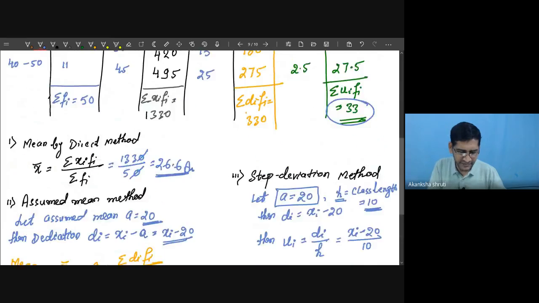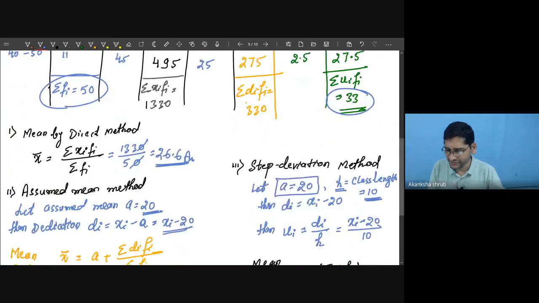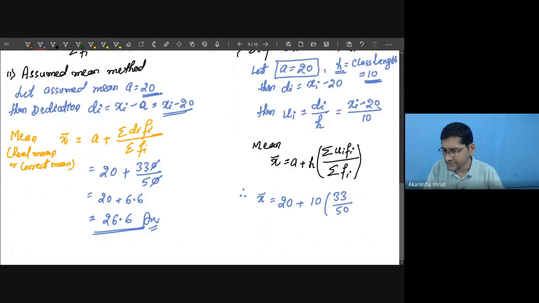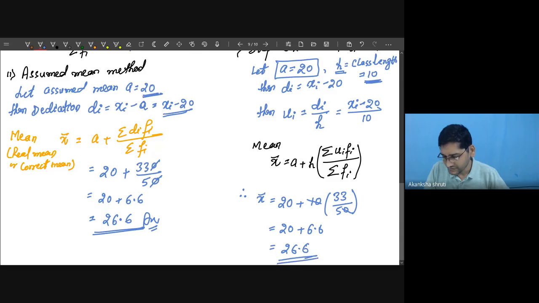This has to be divided by summation of fi, which is 50. So go for substituting 50 here. This 10 and this 0 will get cancelled. Here again you are getting 20 plus 33 by 5, which is 6.6. So this is 26.6.